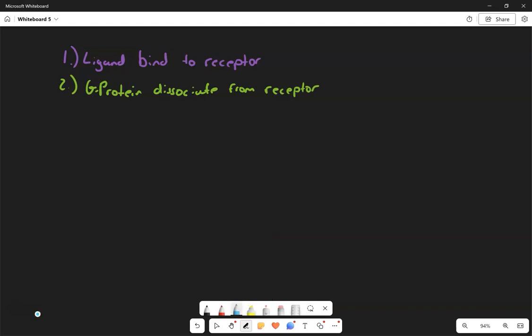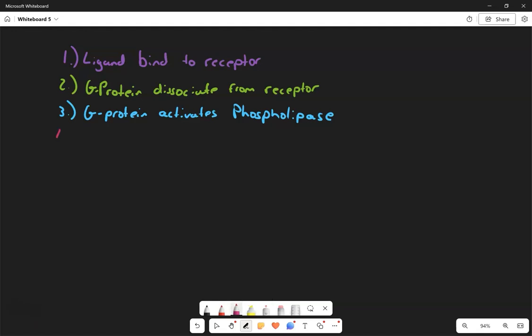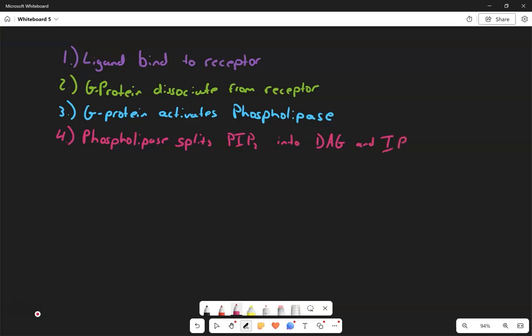And our G protein then is going to activate our phospholipase, and our phospholipase is going to split PIP2 into DAG and IP3.